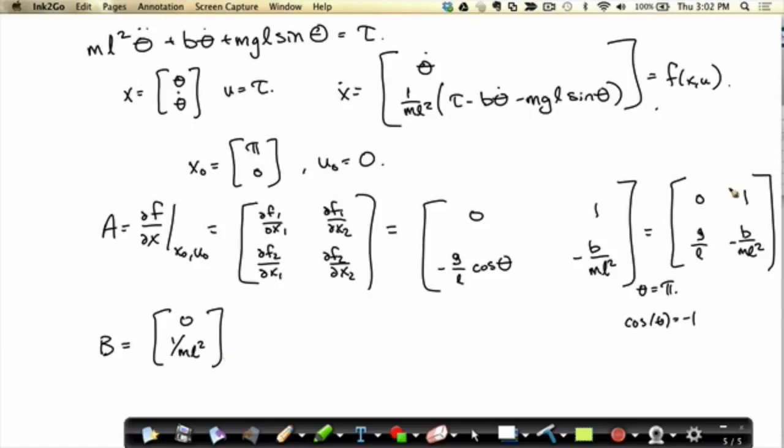Let's think about what this looks like, so let's actually replace it with some numbers. Let's say mass equals 1, length equals 1. I can't quite make gravity equal 1, but I'll make gravity equal 10. We'll do the undamped case.